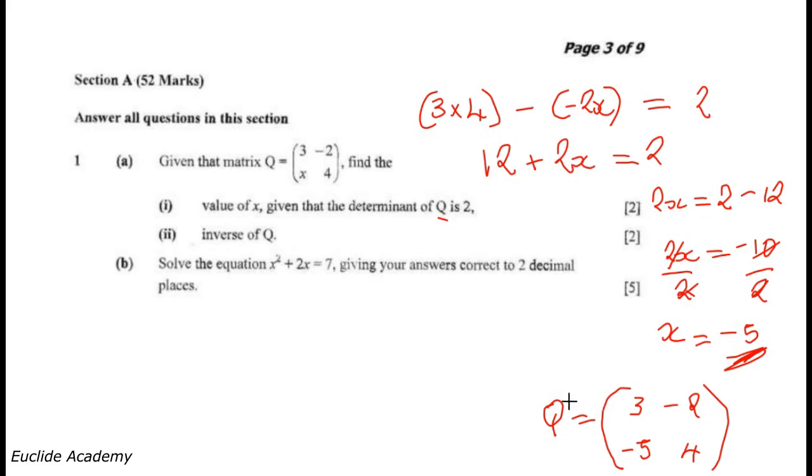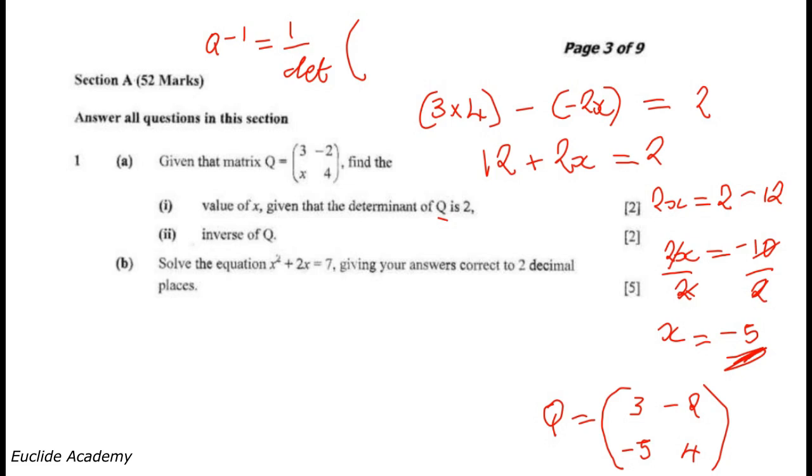When you want to find the inverse of Q, we simply use the 2 by 2 matrix formula. If you are part of our mathematics class, you already know the formula we talked about: the inverse of a matrix like Q is simply 1 divided by the determinant of Q, multiplied by the entries of Q, which we change a little bit.